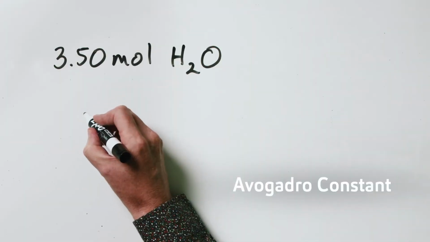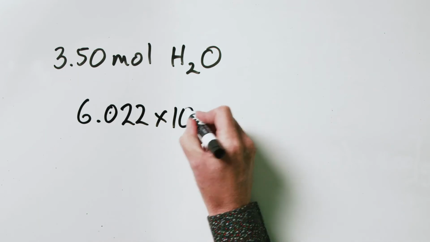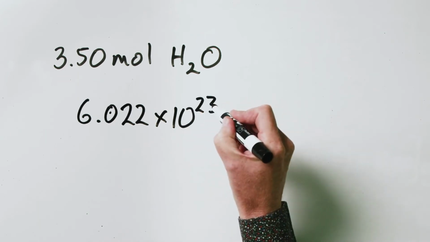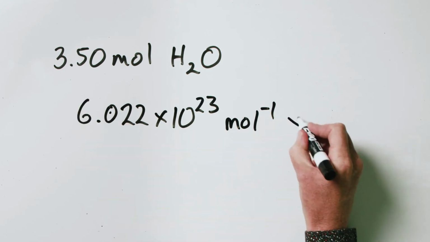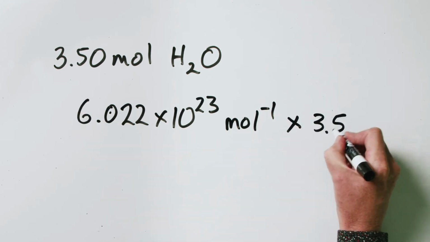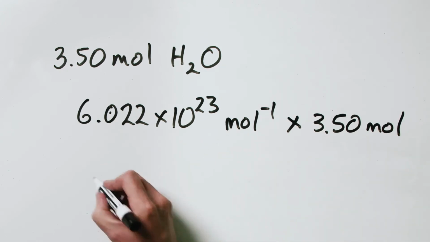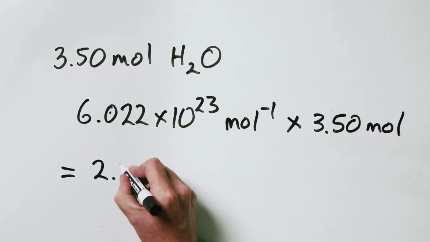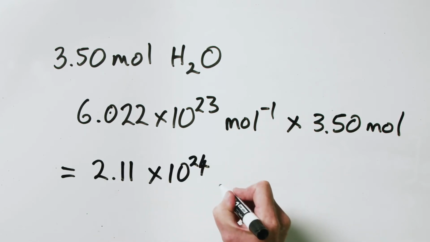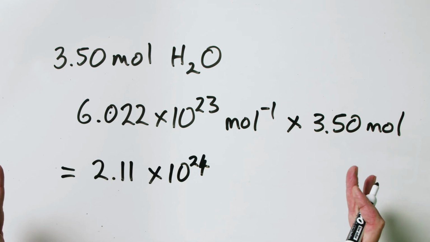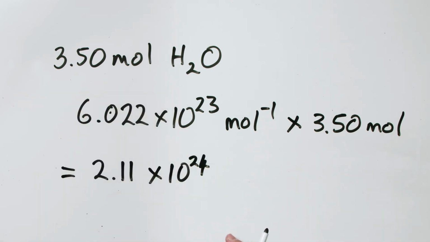The Avogadro constant is equal to 6.022 times 10 to the power of 23 per mole, multiplied by 3.50 mole of water, and that gives us 2.11 times 10 to the power of 24 molecules of water in 3.5 moles of water.